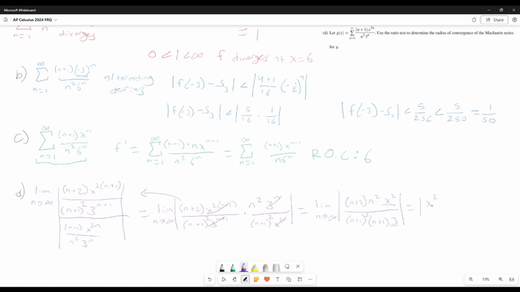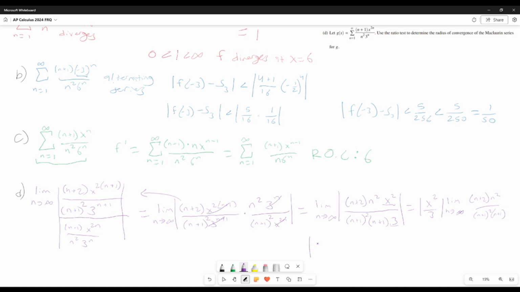The absolute value of x squared over 3 times the limit as n goes to infinity of n plus 2 times n squared over n plus 1 squared times n plus 1. Now, the order of the numerator and denominator are going to be the same, so this is just going to leave us 1.